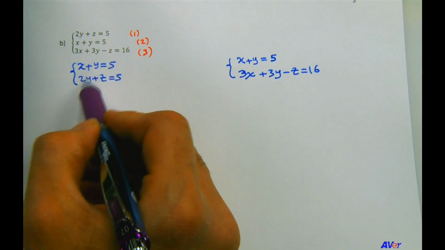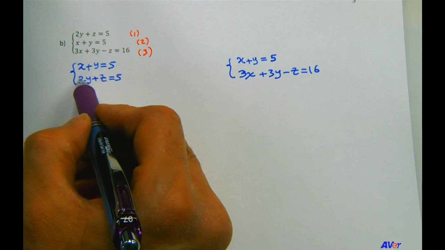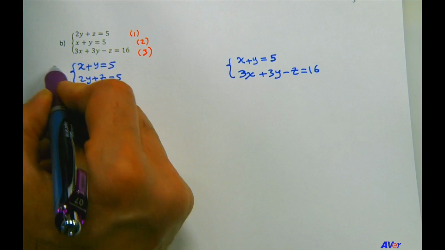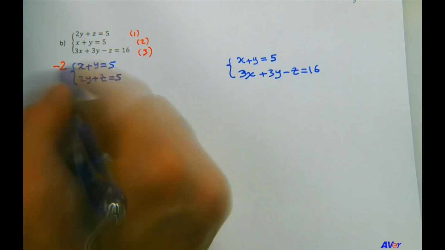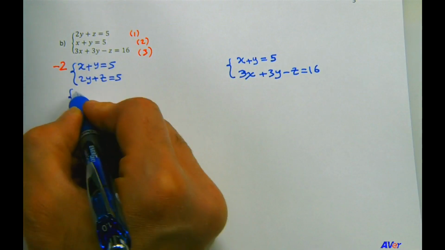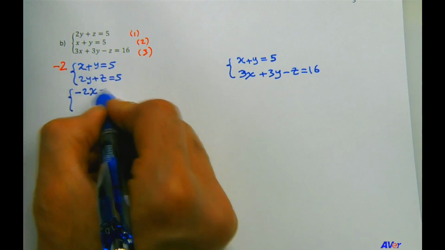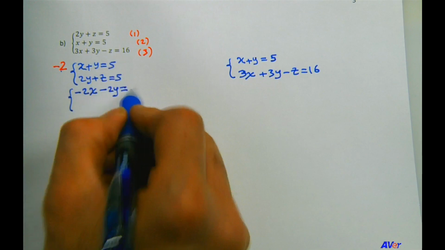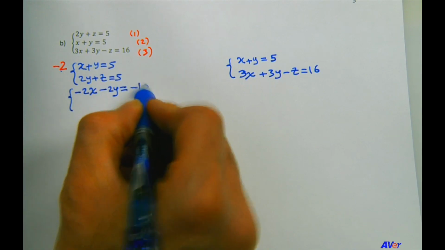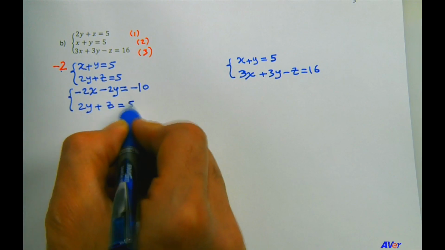To eliminate variable y, I must make sure that their coefficients are equal and opposite in algebraic sign. To do that, I'm going to multiply the top equation by -2. Okay. When we distribute the -2, what do we get? We get -2x, -2 times y is -2y, equals -2 times 5, -10. Then the bottom equation stays the same. We end up with that.